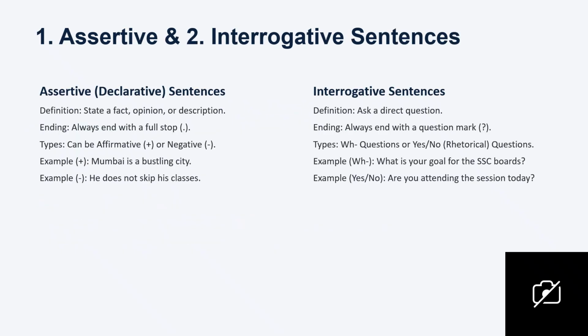First we will understand the very first one, which is assertive or declarative sentences. It is a simple sentence which will describe some fact, opinion, or description. The very important thing to identify this type of sentence is that it will have a full stop at the end.